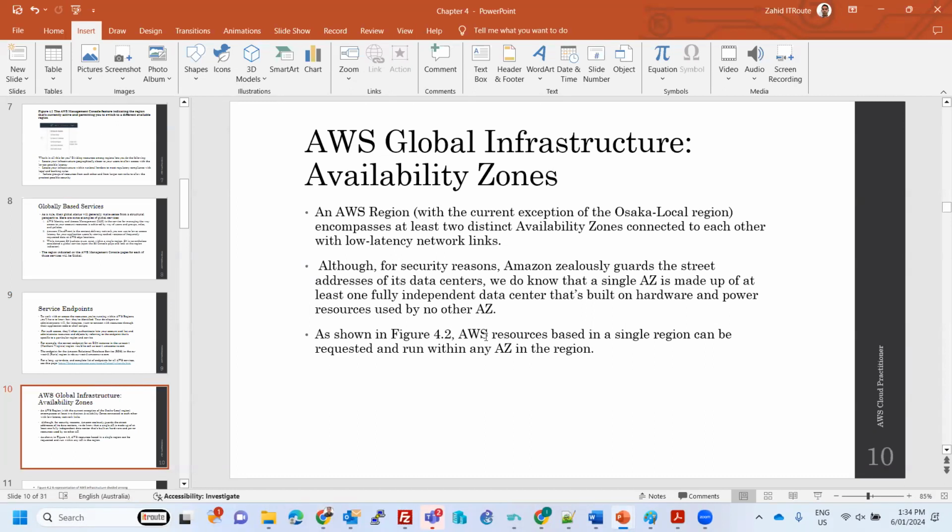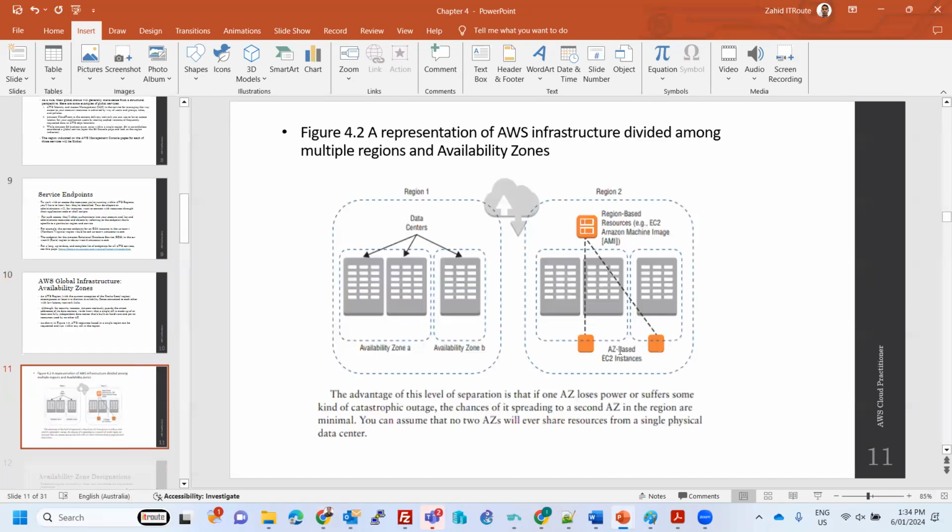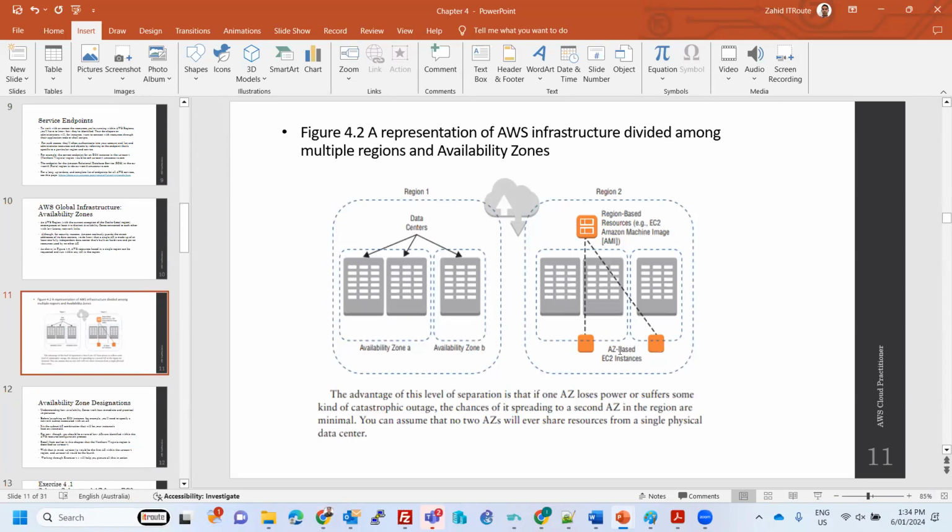As shown in figure 4.2, AWS resources based in a single region can be requested and run within the AZ region. So this figure represents the AWS infrastructure divided among multiple regions and availability zones.